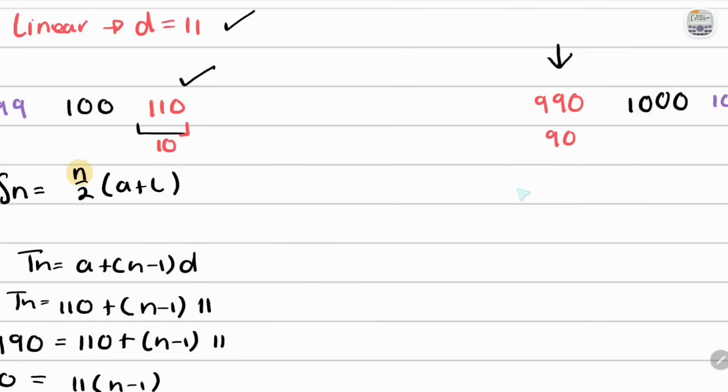Like with that sum, we're starting at n equals 10 and ending at 90. So we say 90 minus 10 plus 1. 90 minus 10 is 80, plus 1 is 81. So that's another way you could have found it.